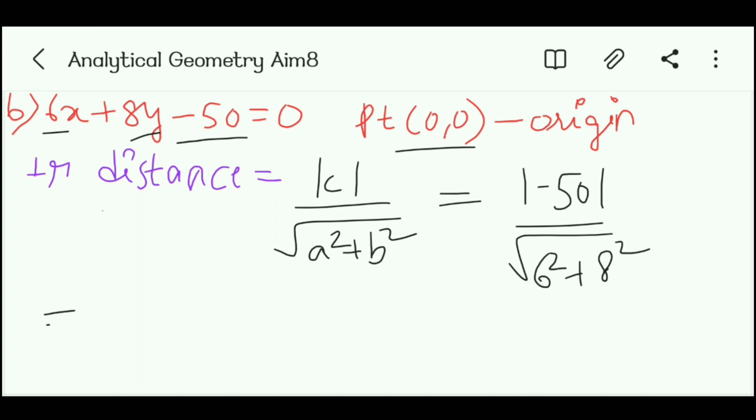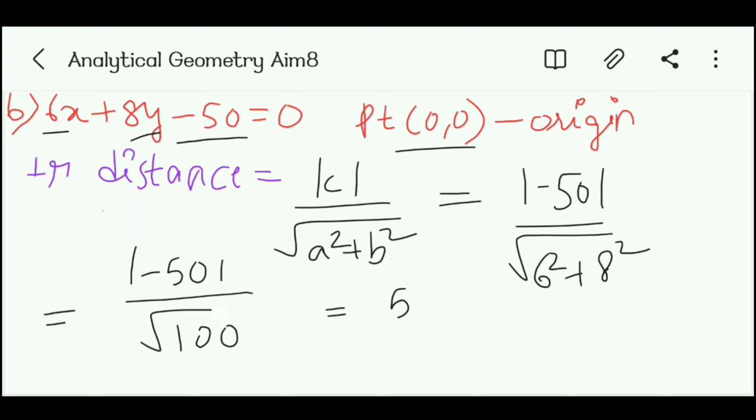Now minus 50 in modulus divided by 6 square plus 8 square. 6 square is 36, 36 plus 64 is 100, and root over 100 will give us 10, right? Now 50 is positive 50, now 10, 0 0 cancel, now it is 5 units. Okay. So until here I have discussed.